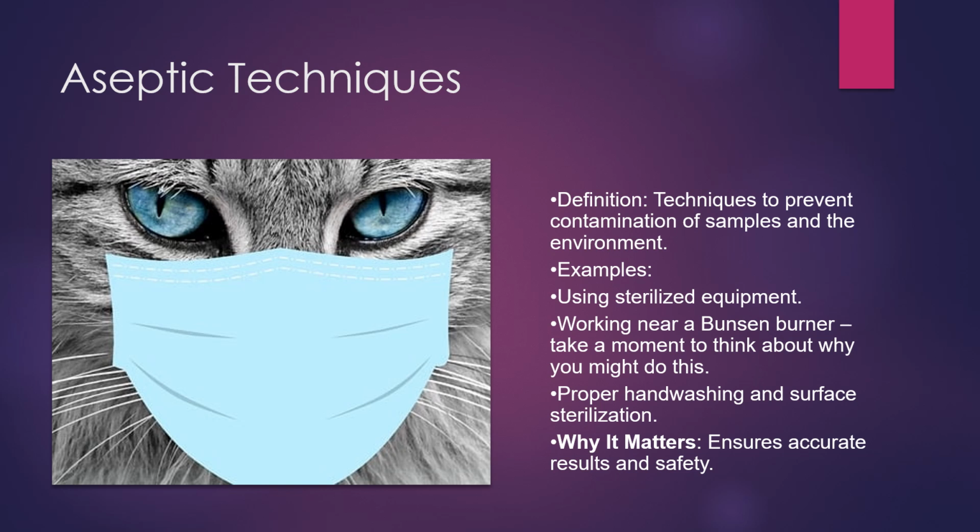The Bunsen burner creates an updraft of hot air that acts as a shield protecting your plate from bacteria that is airborne, and anything that is airborne, fungi, fungal spores included, from landing on the plate whilst you are adding a particular microbe to it.